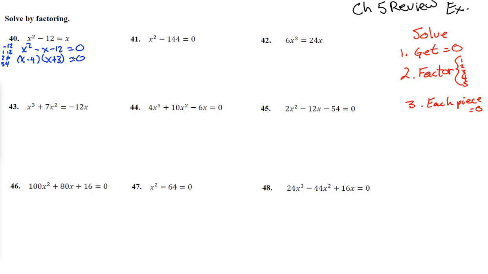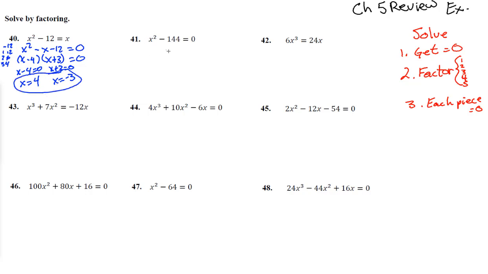So now we've got it factored, each piece equals 0, and we get x minus 4 equals 0, so x equals 4. X plus 3 equals 0 would give us x equals a negative 3. And you can actually stick those into the original equation and they will come out to be absolutely true. Negative 3 and 4 are the answers.